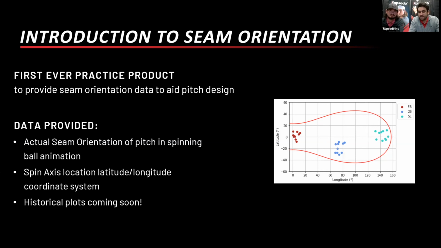But this is just plotting those latitude and longitude points onto, in this plot, essentially a fourth of the baseball, right? A baseball is 2 leather strips sewn together, and this is half of one of those leather strips. And the reason we're doing just this quarter of the baseball is because of the symmetry that a baseball has.